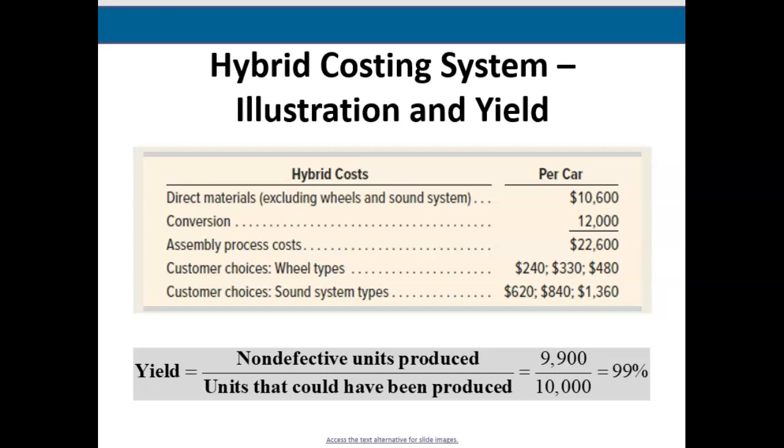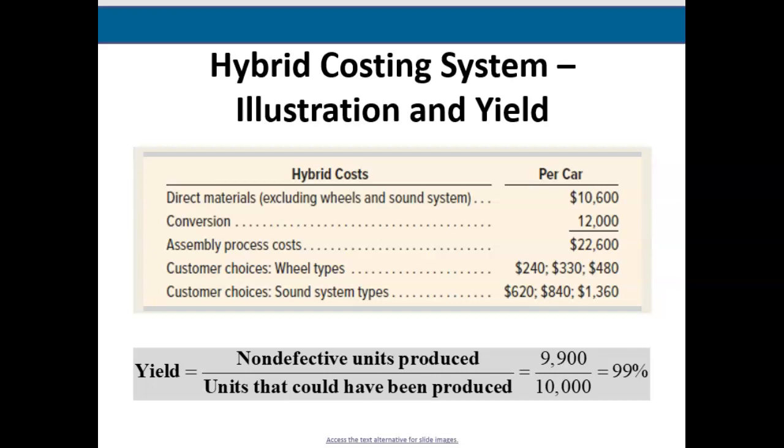So yield, a measure of output divided by input, can be used to measure the efficiency of process operations. Example, if Ford entered enough direct materials into production to produce 10,000 Mustangs, but only 9,990 non-defective cars were produced, yield is computed as 99%, as shown on this slide.